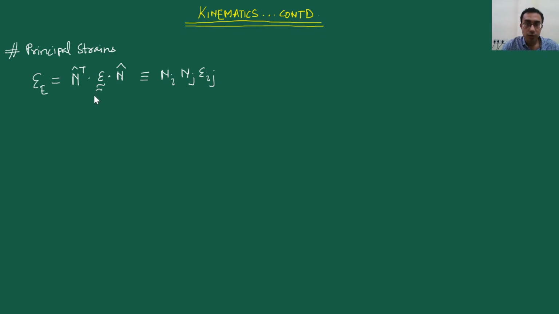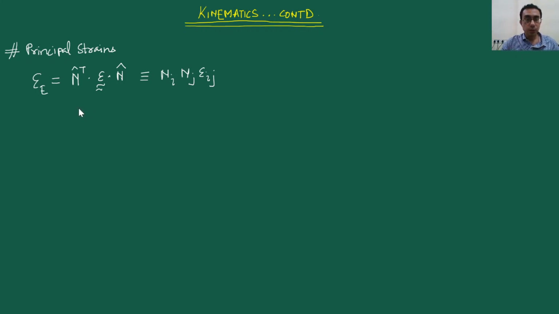However, suppose one asks a very important question: sitting at a particular point, there may be an infinite number of directions around it. Now, along which direction should we look such that the engineering strain becomes a maximum? I repeat my question. We are sitting at a particular point and we are free to look at any direction.